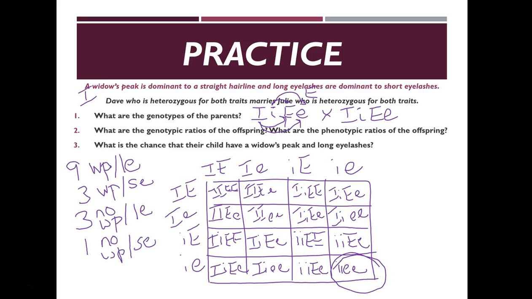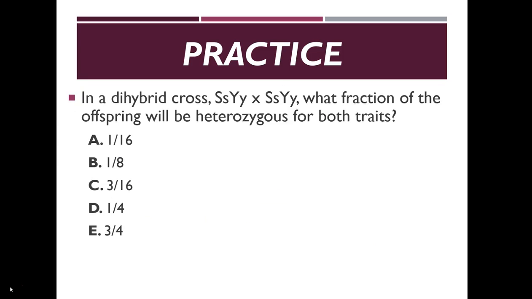So when you look at this screen here, because this is the same mix, you have 1, 2, 3, 4, and then, let's see, do we have any more? All right, so we only found 4. So 4 out of 16, which reduces to 1/4. So the correct answer is D.